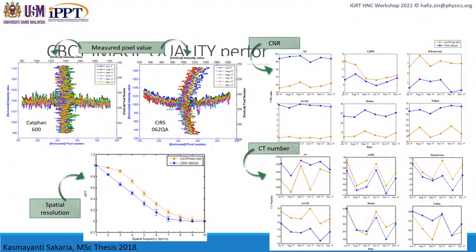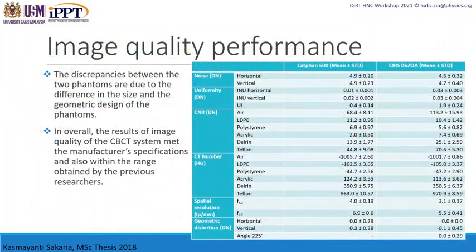This slide shows how the quantitative values measured every month change over a 6 month period for the uniformity, the contrast to noise ratio, the CT number, as well as the spatial resolution. And this is a comparison between the values from CAPFAN versus the values from CRS.